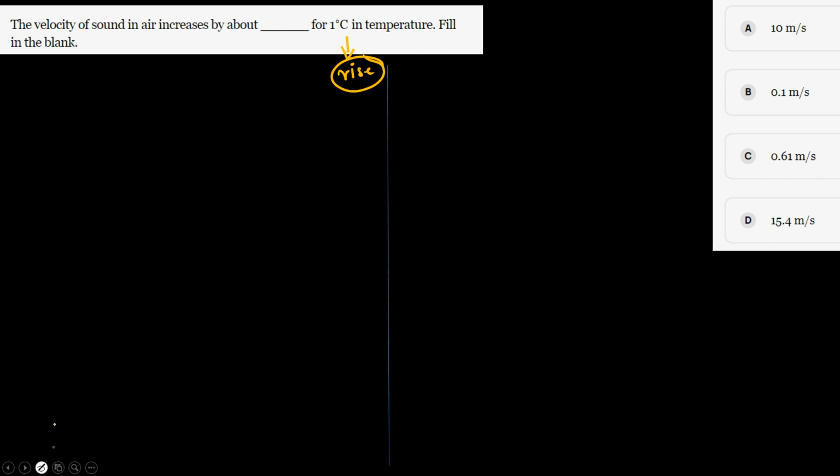I know that V is directly proportional to the square root of the temperature. And here, if it is increasing by 1 degree, then what is going to happen? That is what we have to find out. First it was this case, and now V dash is directly proportional to T plus 1. Can I write it this way?